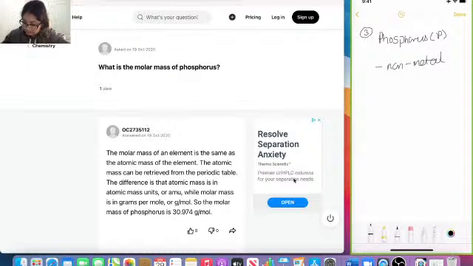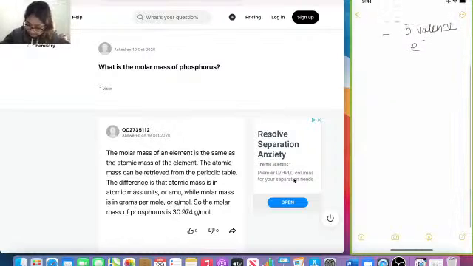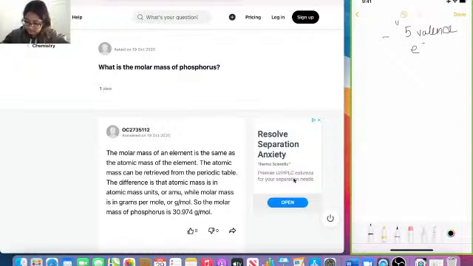It's in group 5. It has 5 valence electrons. This is just background, basically what phosphorus is and which group it is in.